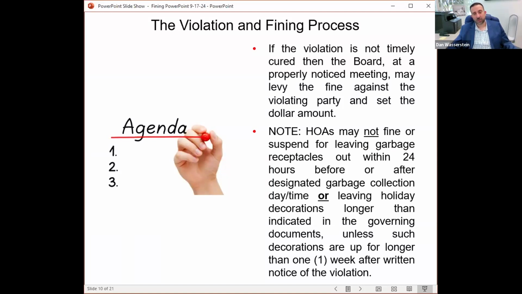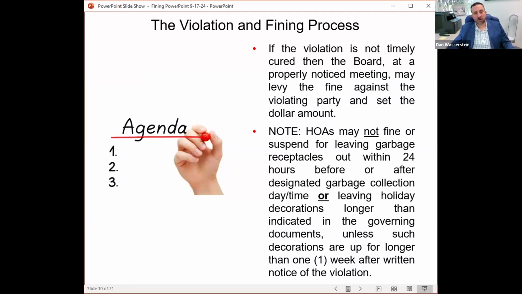And also with regard to holiday lighting, the statute now says it's not a violation, even if your documents say, let's say, the Christmas lights are supposed to be removed by January 10th. It used to be that on January 11th, you could issue a violation.